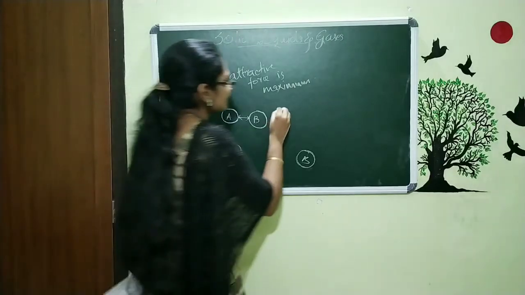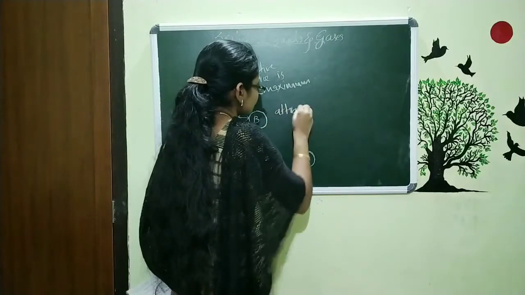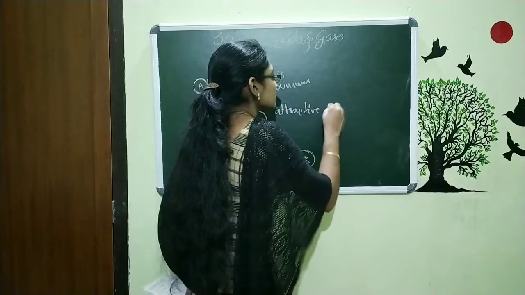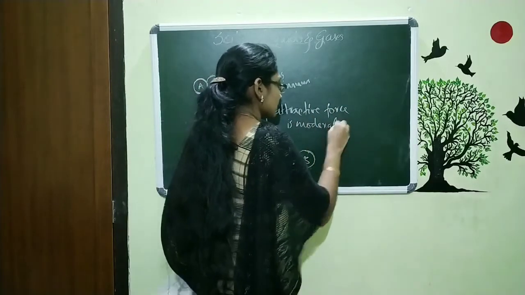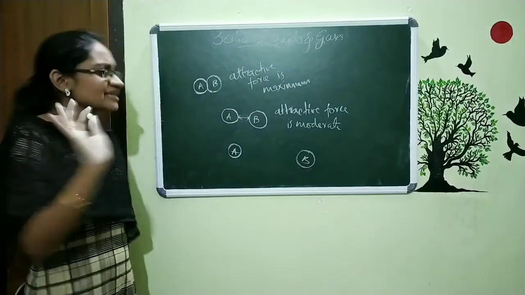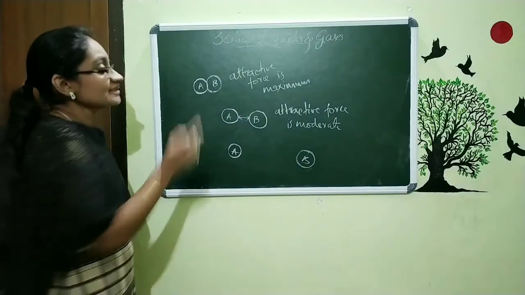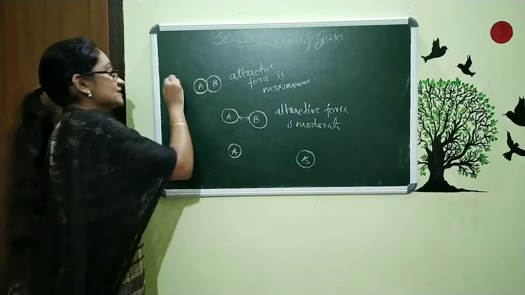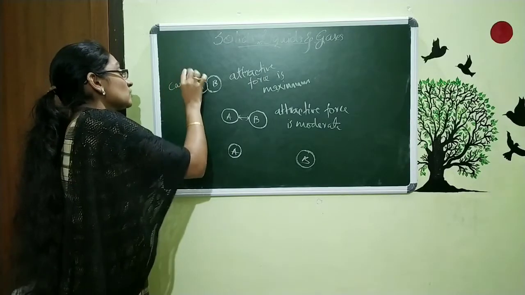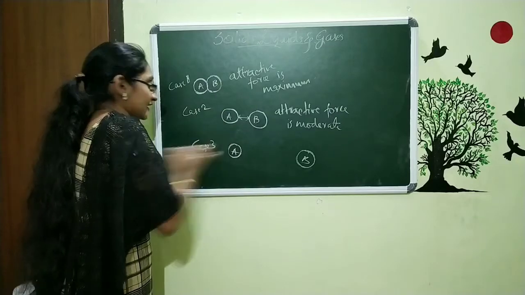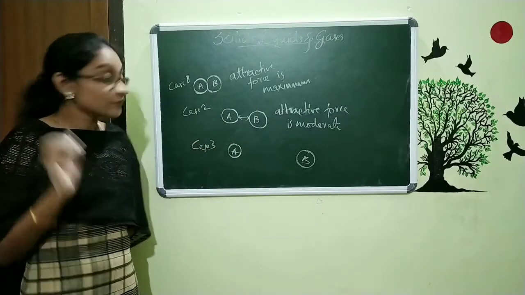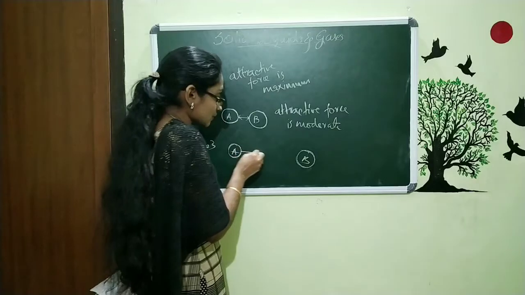Moderate means average attraction, or we can say it is less than the first case. This is case 1, case 2, and this is case 3. In case 3, you can see that the distance is too much.